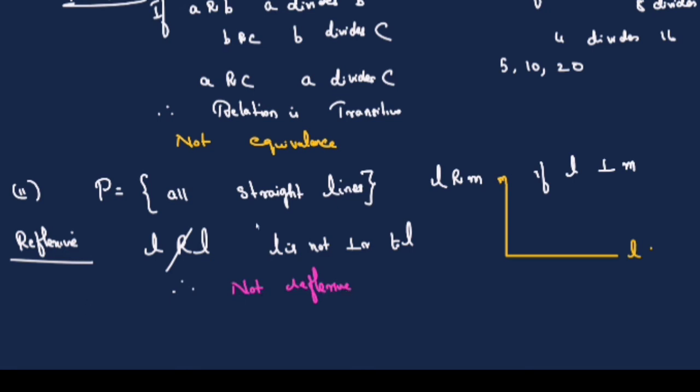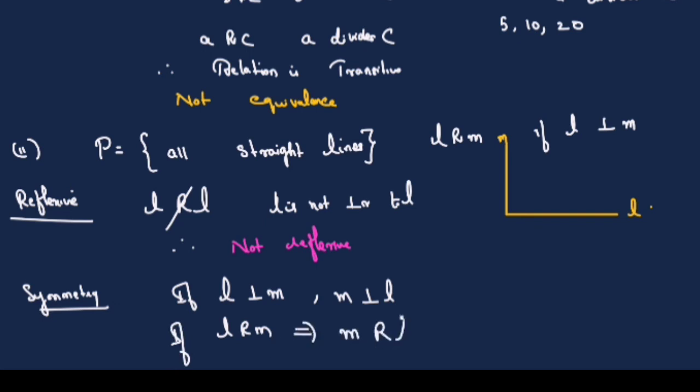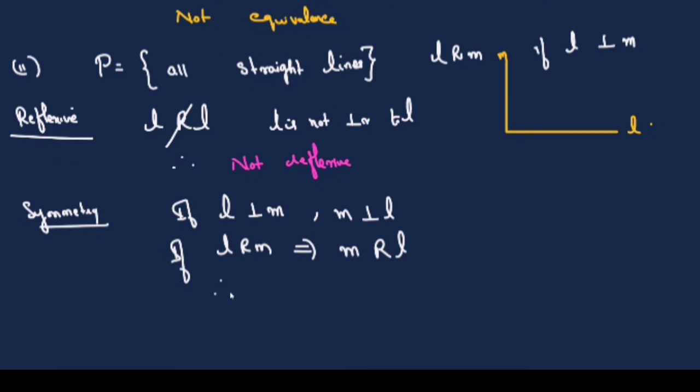Now, is it symmetric? Yes. If L is related to M, that is, if L is perpendicular to M, we can say M is perpendicular to L. If L is related to M, that implies M is related to L, right? Therefore, this relation is symmetric.